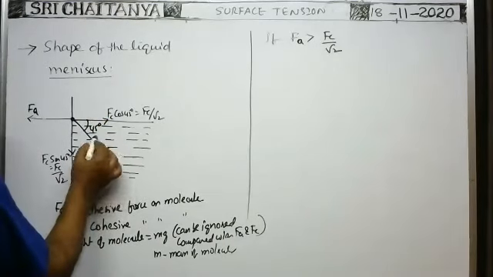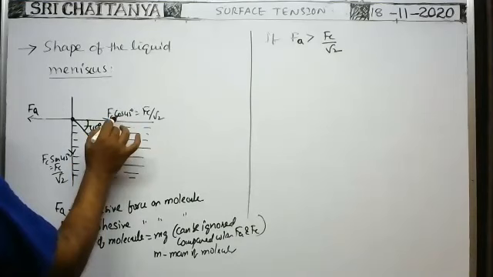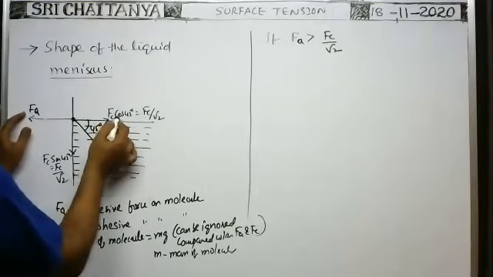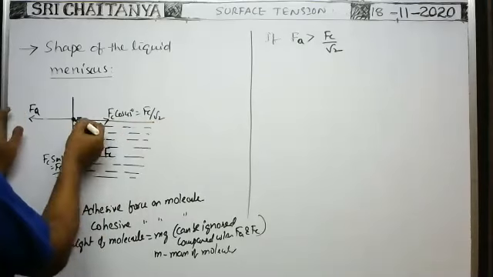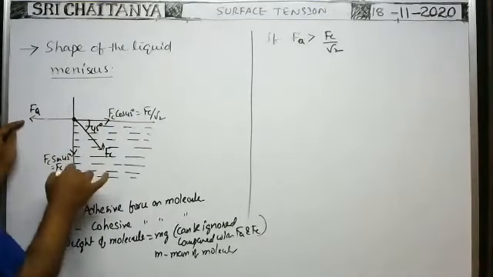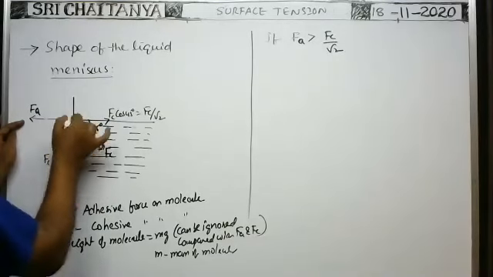It's already divided into components, this one and this one. Just forget this one. If Fa is greater than Fc by root 2, then the net force is in this direction, and Fc by root 2 acts in this direction. The resultant of these two is in this direction.